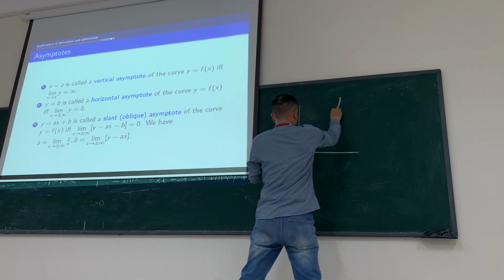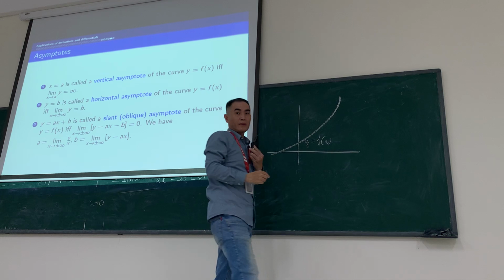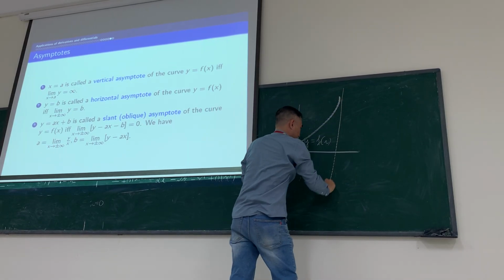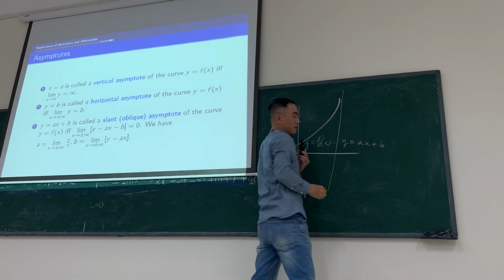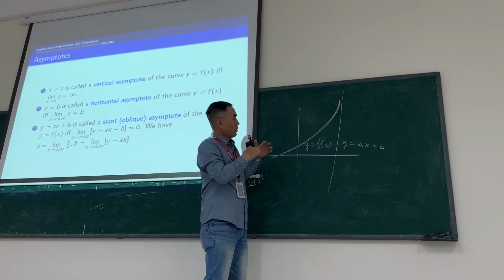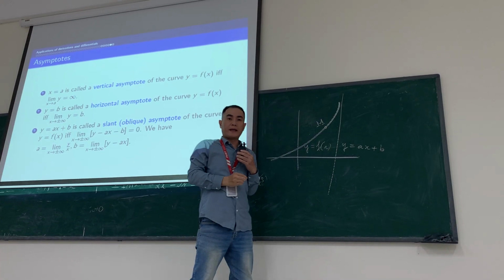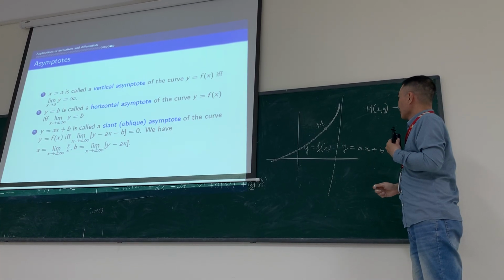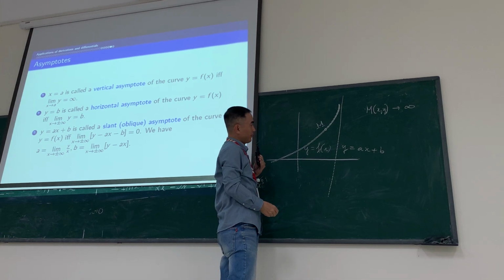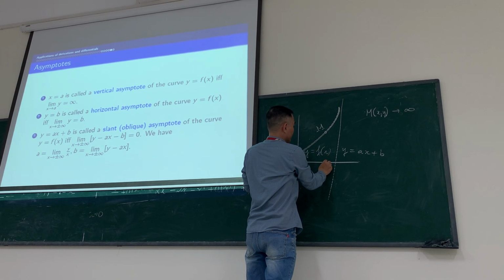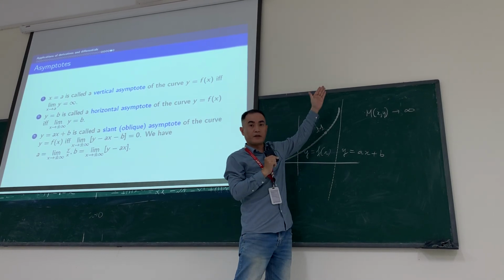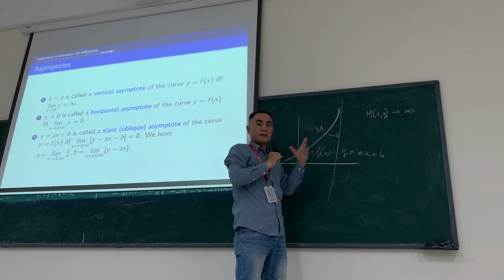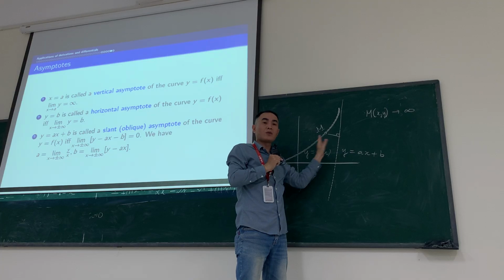Let's say a graph of function y equals f(x). An asymptote of the graph is a line such that when the point M with coordinates (x, y) tends to infinity, the distance between the curve and the line gets closer and closer.